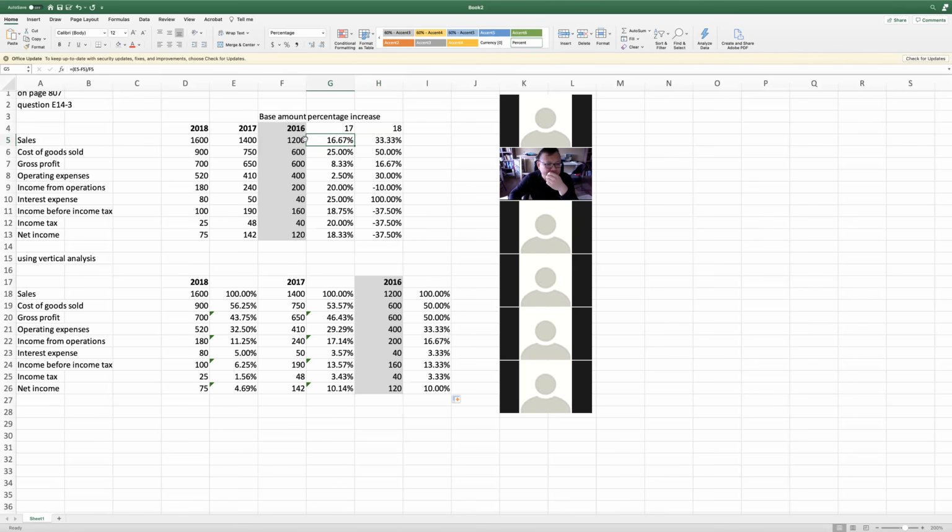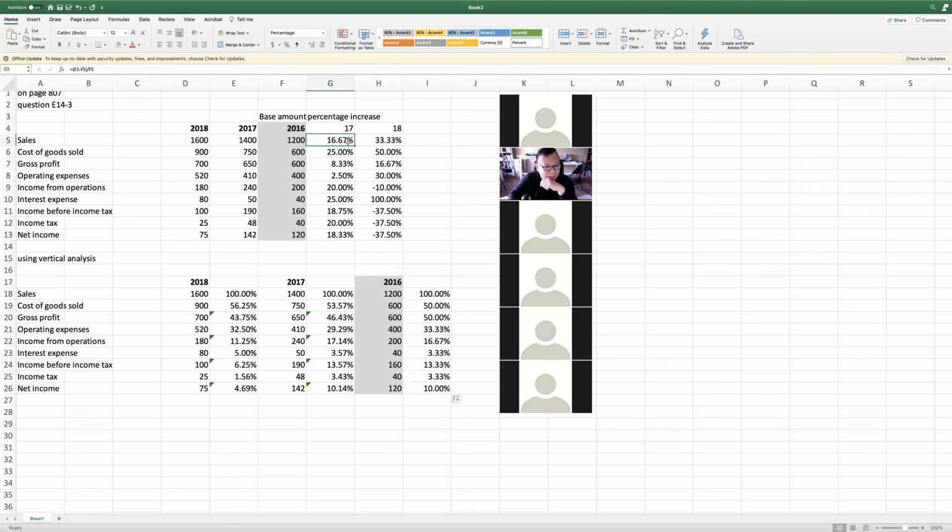So when I compare 2017 with 2016, the sales has increased. That's a good thing, right? You have more sales. The cost of goods sold increased 25%. Sales only increased by 16.67%.